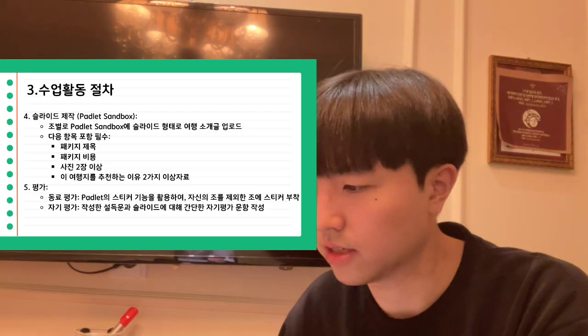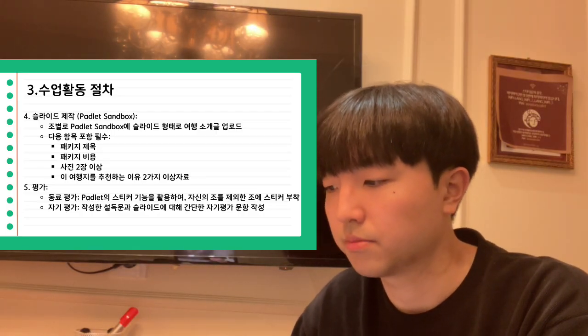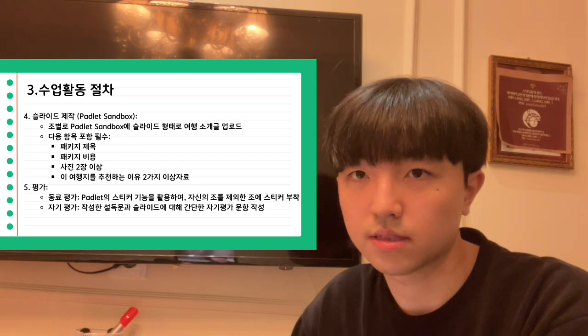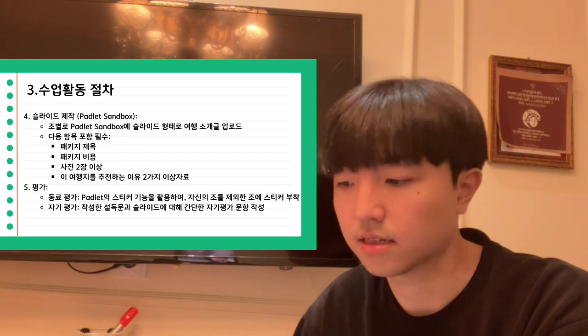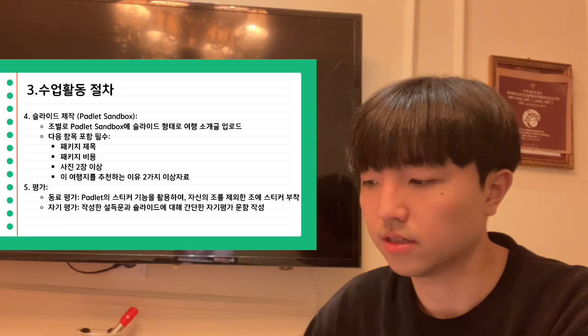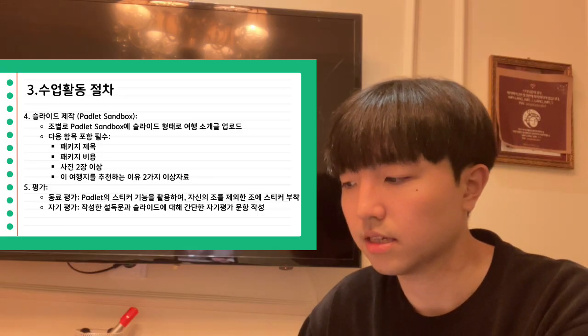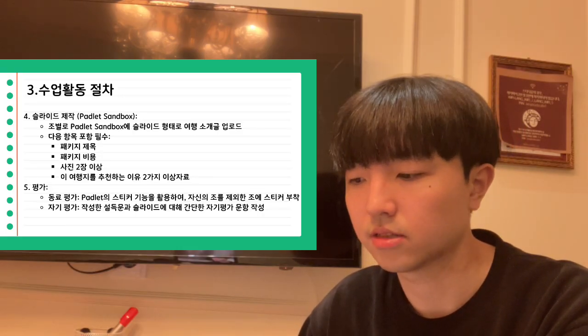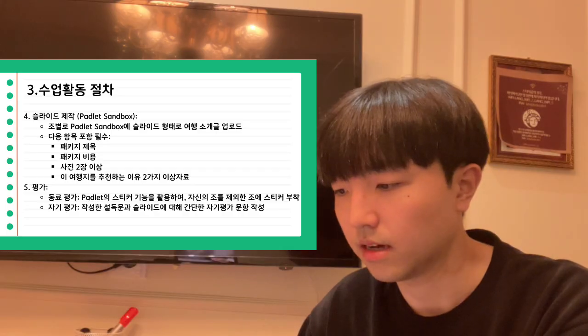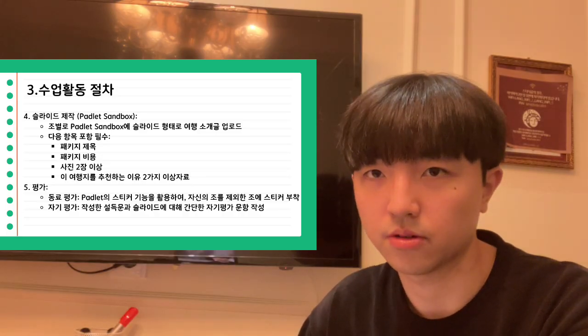The evaluation will include a peer evaluation and also self-evaluation for self-checking. For peer evaluation, students will use the sticker feature on Padlet to place a sticker on the destination they like the most.